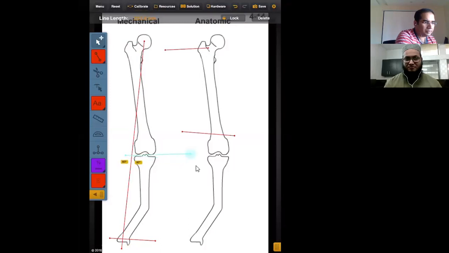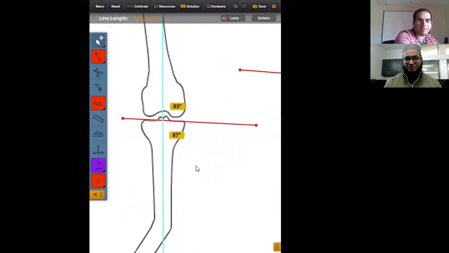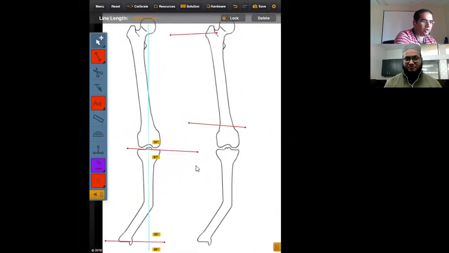Now, in this patient, we draw reference lines of the tibia. Assuming that the femur is normal, you can extend the line from the femur. Now the medial proximal tibial angle is 87 degrees. Now what you are going to do is draw a reference line of the distal tibia.